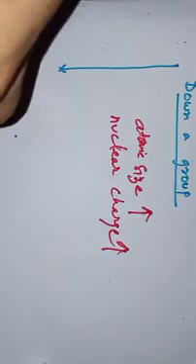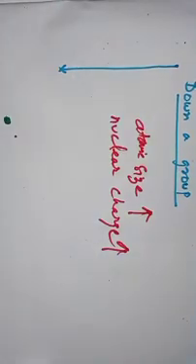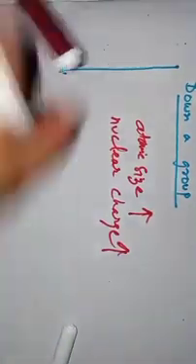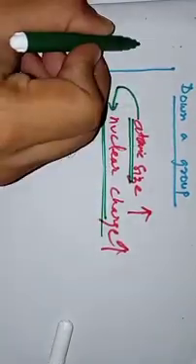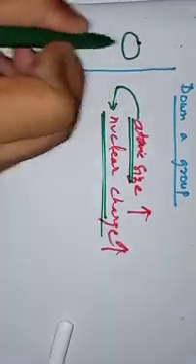But my dear students, we should always have this concept in our head: when we are talking about a group, the increase in atomic size always outweighs the increase in nuclear charge. Why? Because the atomic size is increasing due to the addition of shells.